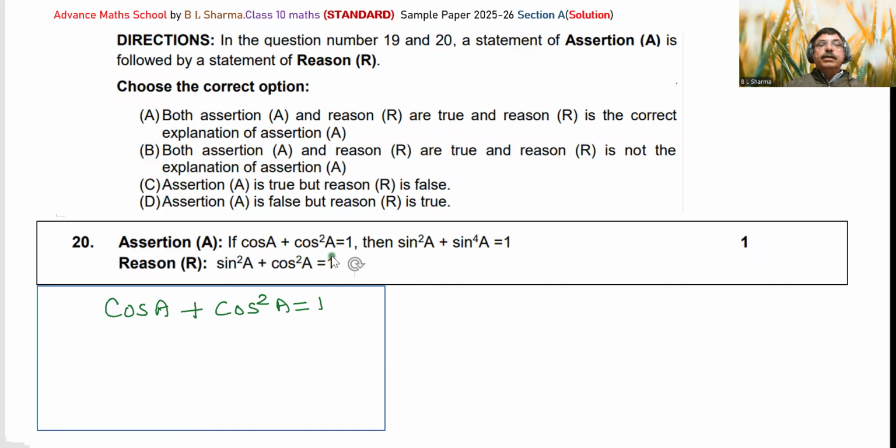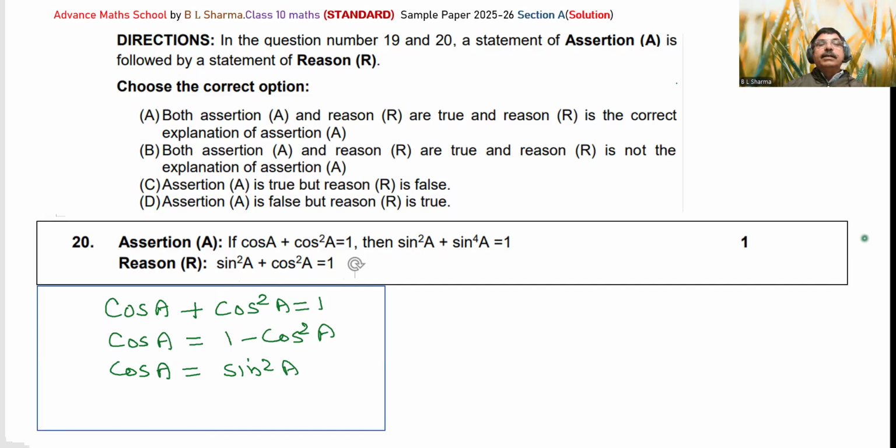Further, we can write cos A is equal to 1 minus cos square A, and 1 minus cos square A is equal to sin square A. So the value of cos A is equal to sin square A, according to this question.